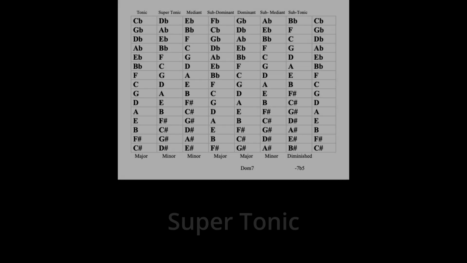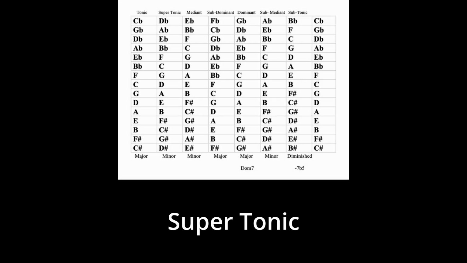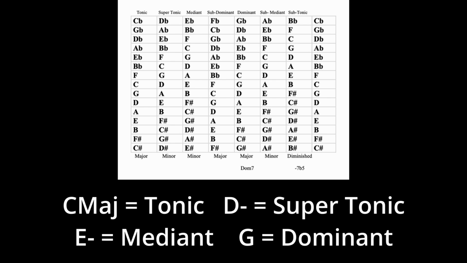The second chord degree in a key is referred to as the supertonic. It is one scale degree above the tonic. In the key of C, C major is the tonic chord, D minor is the supertonic chord, E minor is the median chord, and G major is the dominant chord.